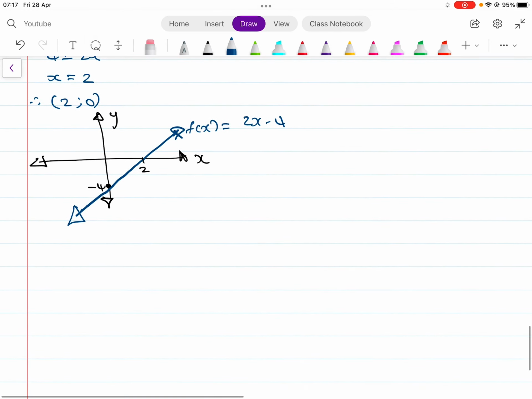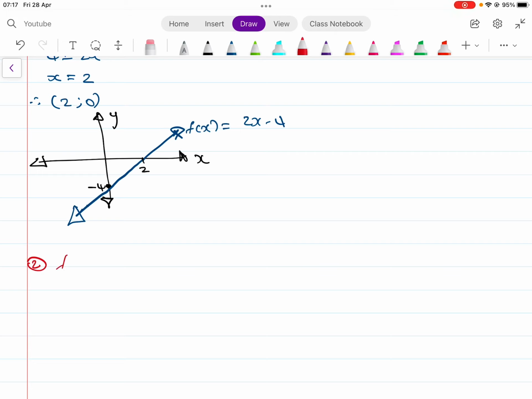Example 2. We are going to look at drawing or sketching the graph of a parabola, or quadratic.